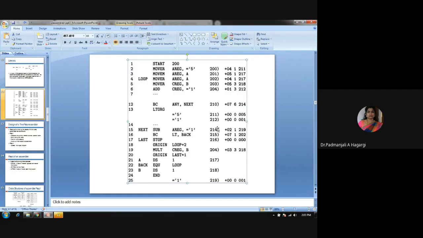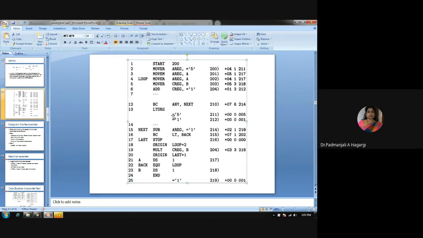For these also the object code will be generated, because these are treated as operand 1, and operand 2 is 0, and there is no instruction for them. The instruction code for LTORG is 0, because LTORG is used for literals.